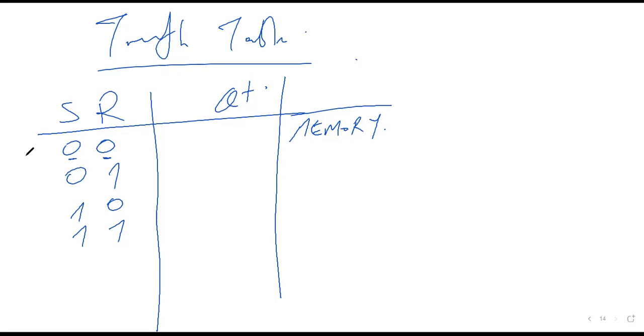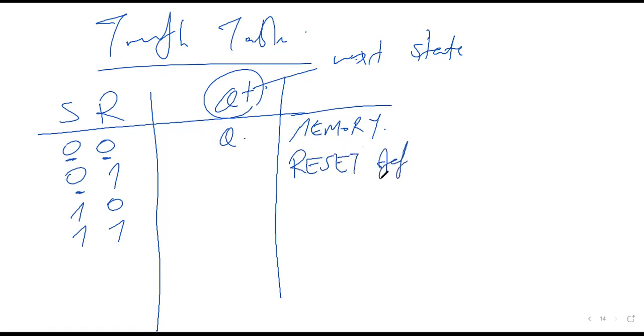So if, for example, the input was Q, it remains Q. Q plus, the next state, will remain as Q. If the input was Q, the next state will remain as Q because we have 0, 0 here, the memory state.